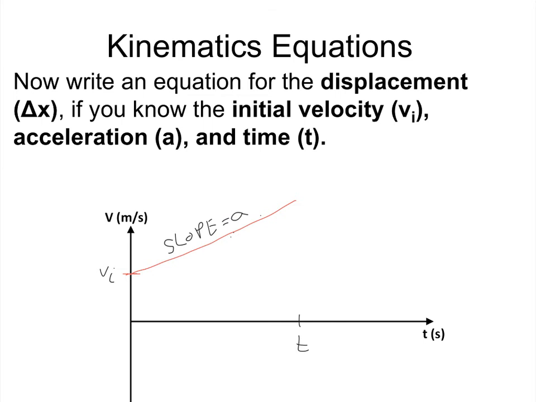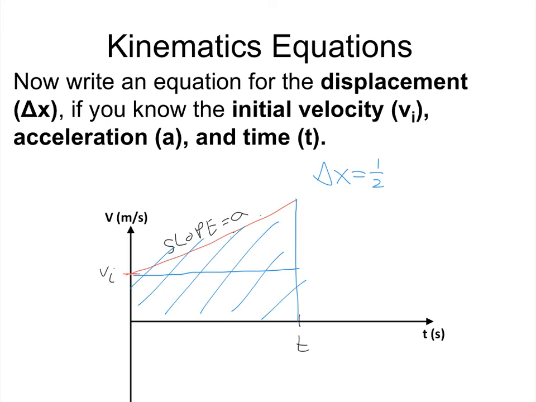So the thing we want to focus on here is that our displacement, once again, is going to be this area under the curve, which we once again can split up into two parts, and we actually already have an equation for it. We found that in the first part that delta x is 1/2 (vf plus vi) times t.